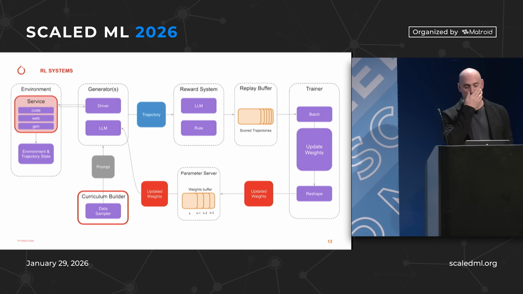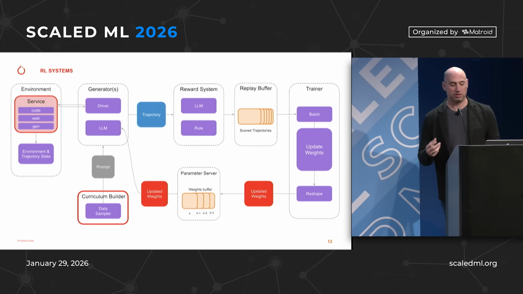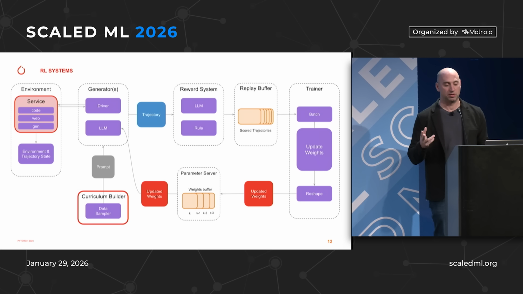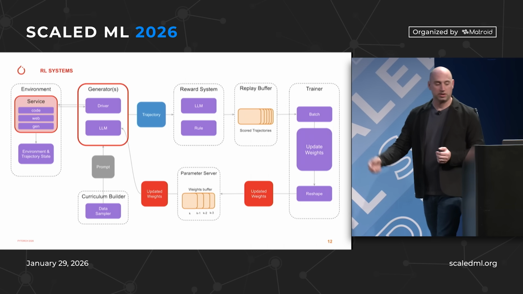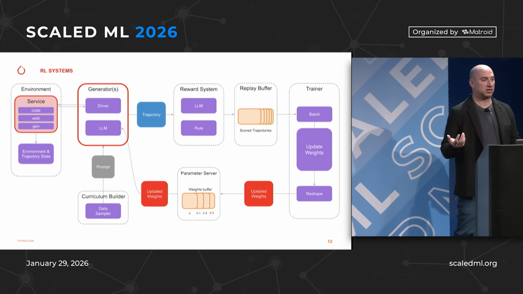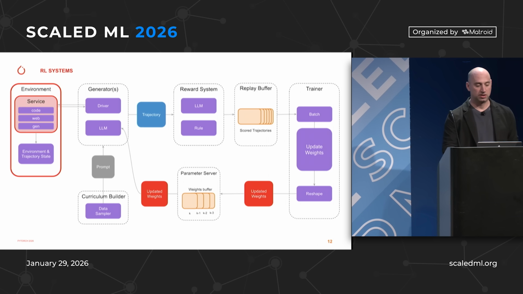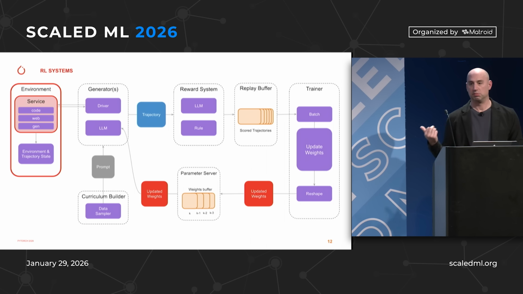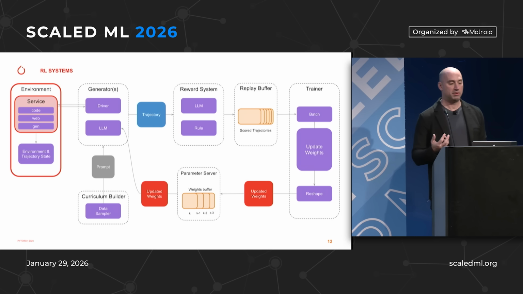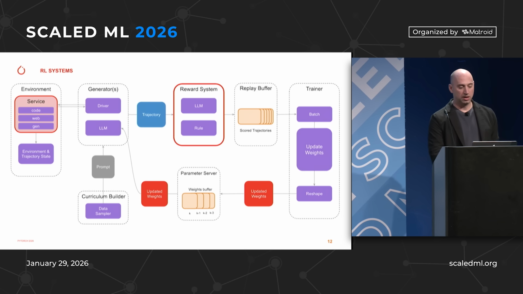And so basically what happens here is you generate a prompt from your curriculum builder. It then generates an inference from the generator. This can be something like vLLM, if you're familiar with that project. It will then start hitting your environment. Again, this could be code or it could be a web environment and so on. It then applies a reward to it.